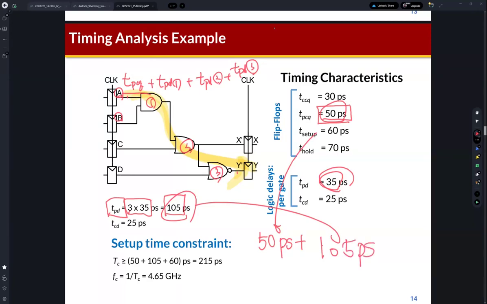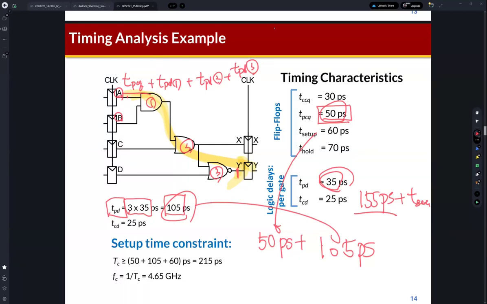This is the maximum delay at this point, 155 picoseconds. But this plus T setup needs to be less than the clock period, right?